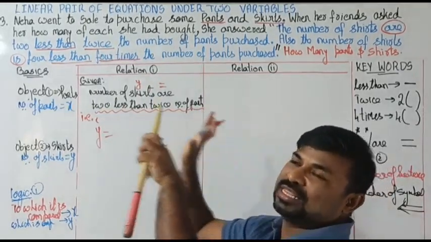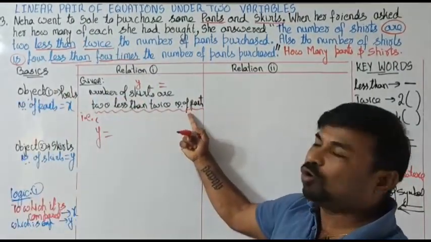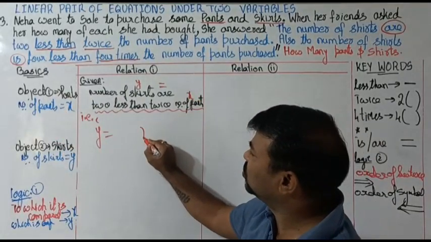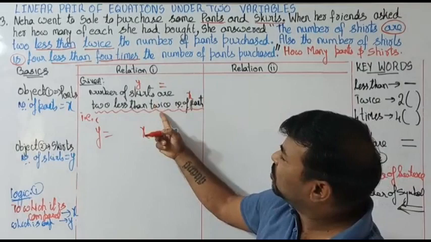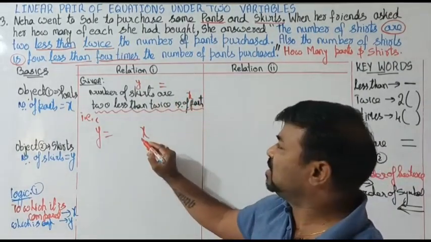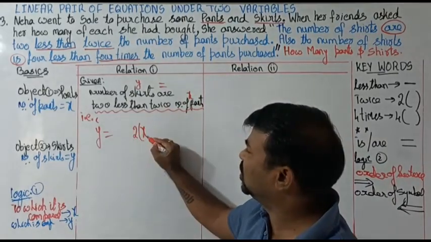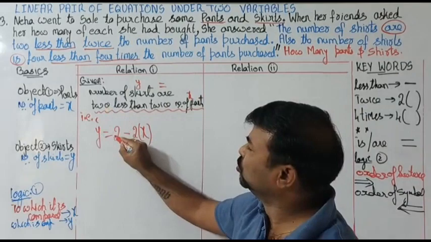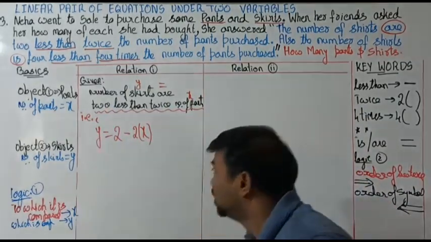I like to go in this direction, first with the pants. What are pants here? Pants are X. First I write X. Now write what he says: twice the number of pants, so 2 times that pants. Then less than, minus how much? 2. Oh, I think I messed up. Let me write it down.